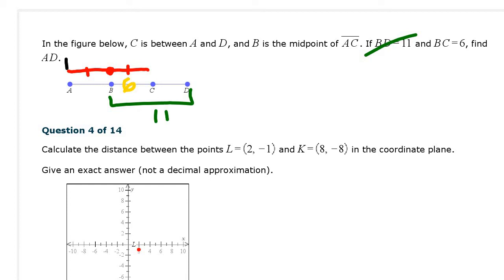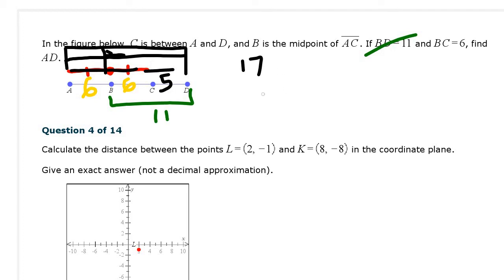Our goal is to find A all the way to D. Well, if that's 6, this is also 6. And 6 away from 11 gets you 5. And then you very carefully add it up. 6 plus 11 is 17. Or you can see it as 12 plus 5, which is also 17. Either way.